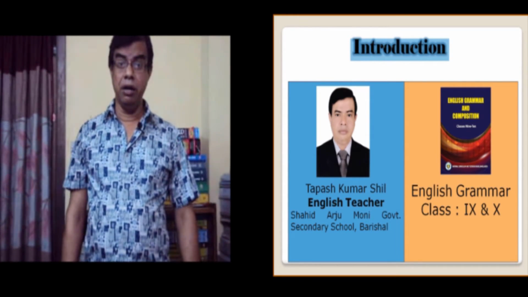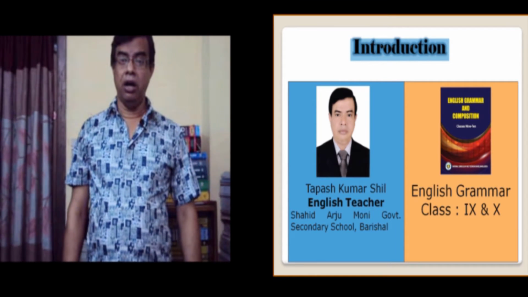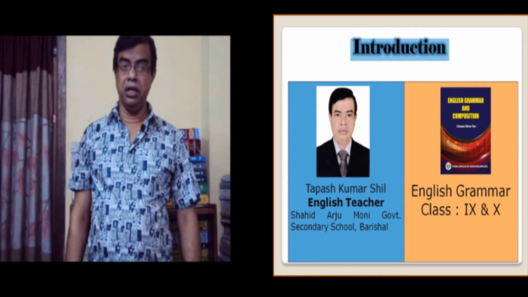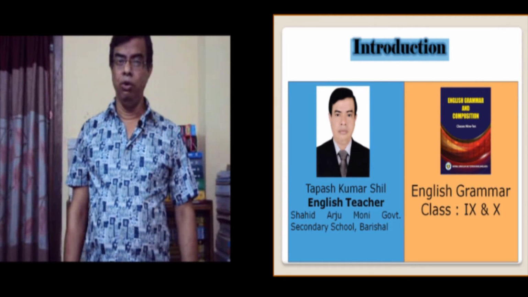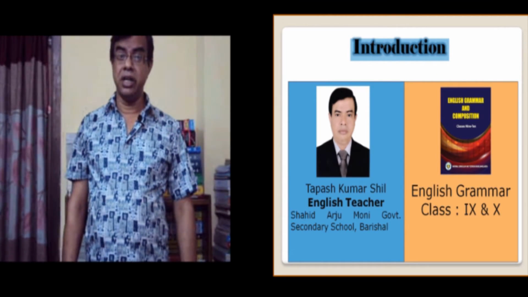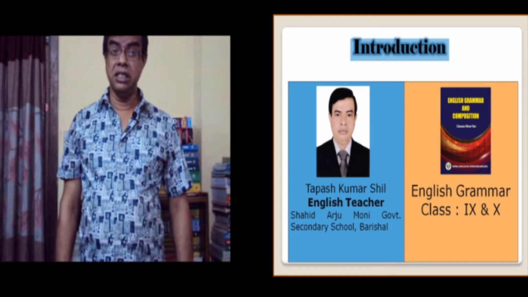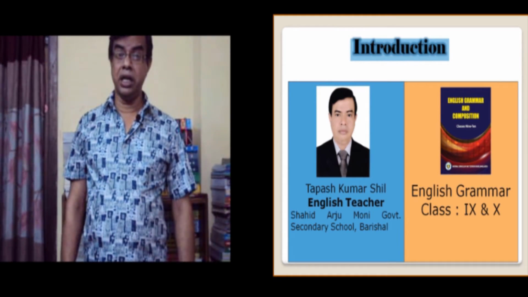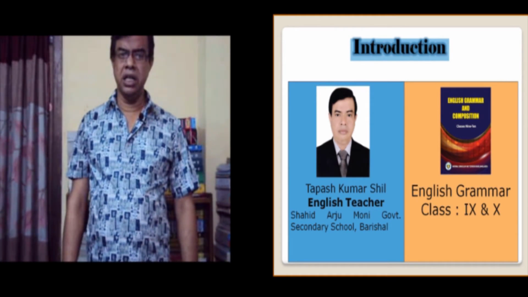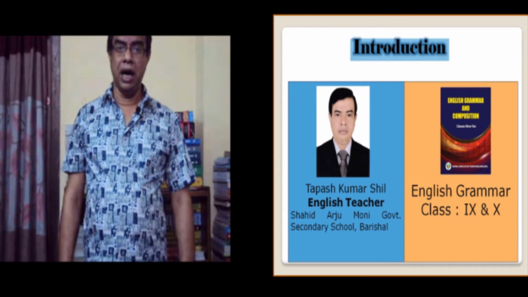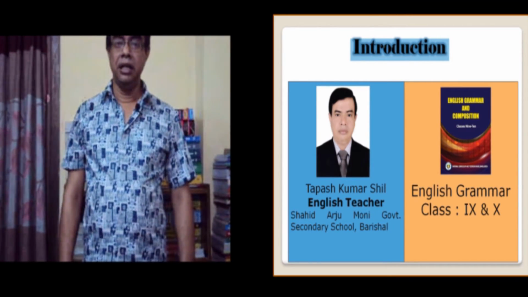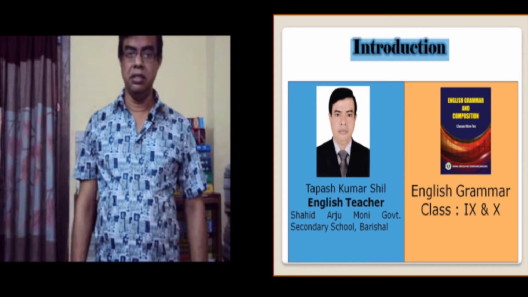We learned basic things of transformation in the last class. That means we learn what is transformation, what is simple sentence, what is complex, what is compound. We also learned their characteristics.